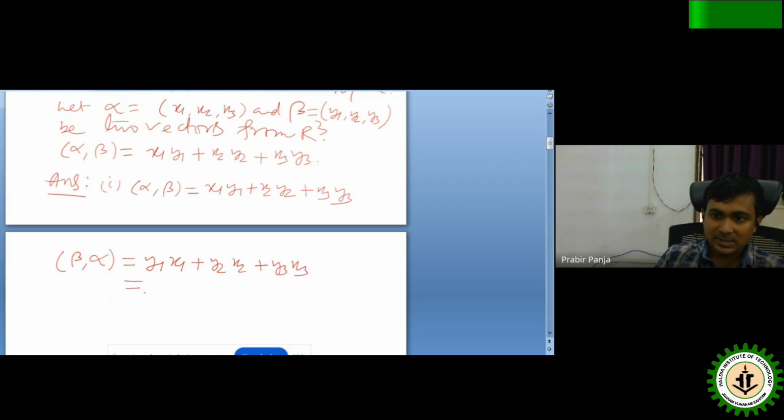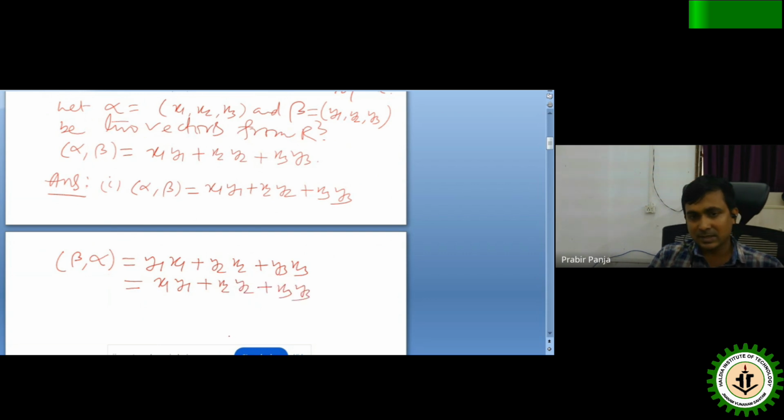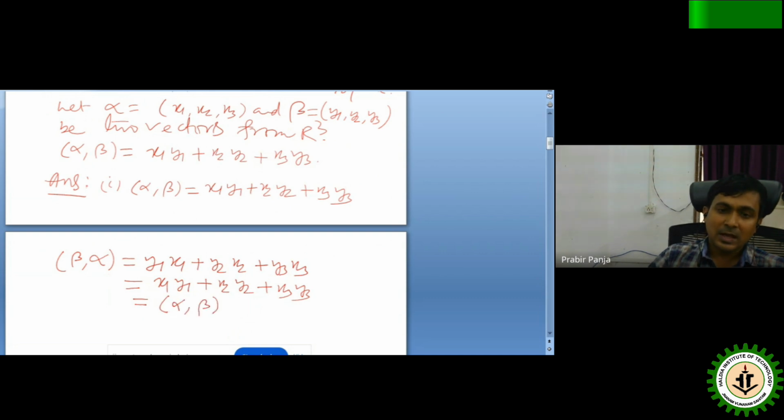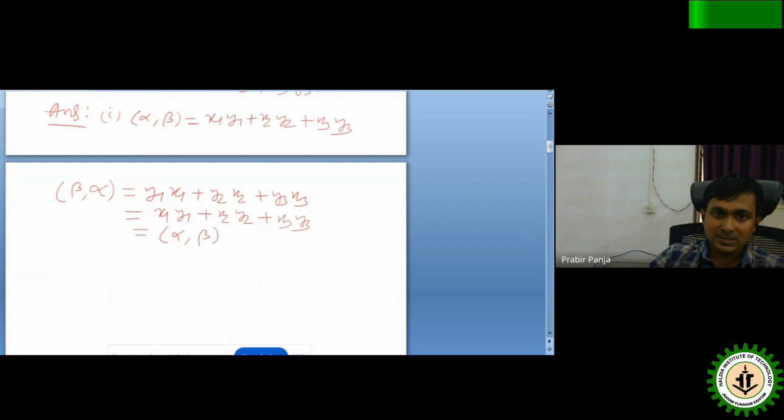If we simplify this expression, it will be x1 y1 plus x2 y2 plus x3 y3. Since x1, x2, x3 and y1, y2, y3 are all real numbers, and these are products between real numbers, they are commutative. So this value is equal to the inner product between alpha and beta. So condition one is easily verified.